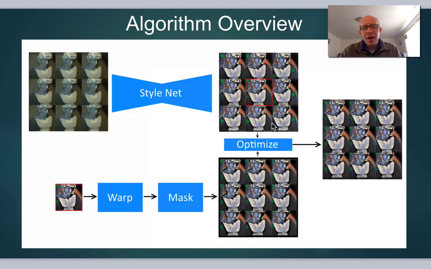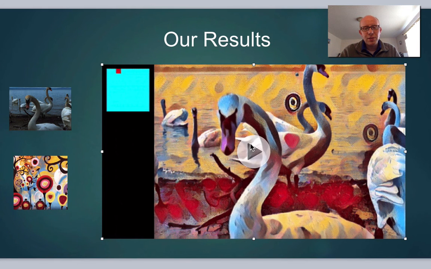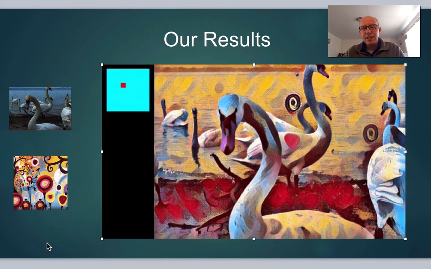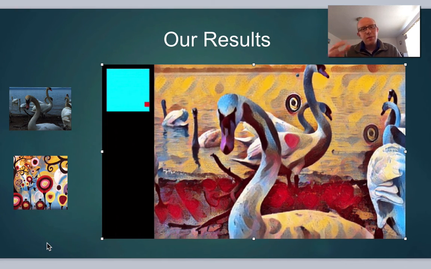But then we'd optimize those together and we get a new light field image. So I'm breezing over lots and lots of technical stuff here, but the result is that we can actually continue this optimization process for a light field image so that all the views stay consistent with each other. And so we again get amazing results where it's nice and consistent, not the flickering we were seeing before.